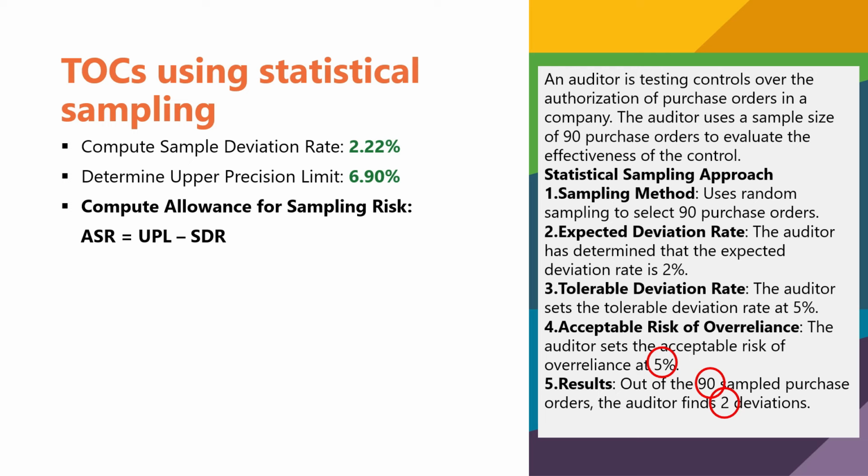That's why we had to start with these two. So in our case, the upper precision limit is 6.9 and our sample deviation rate is 2.22. Therefore, our allowance for sampling risk is 4.68.